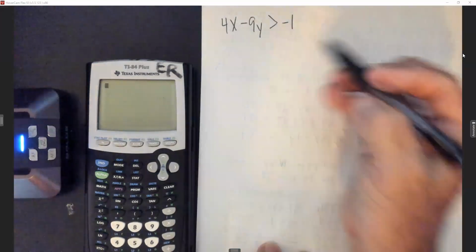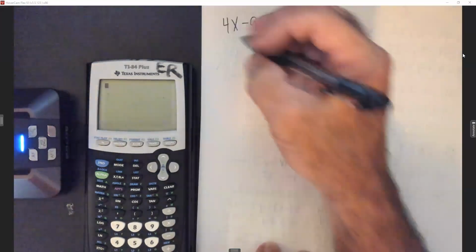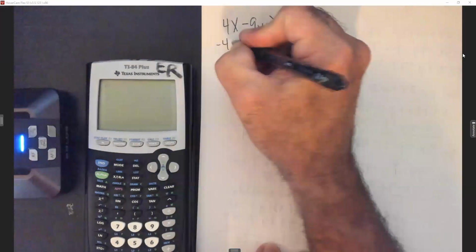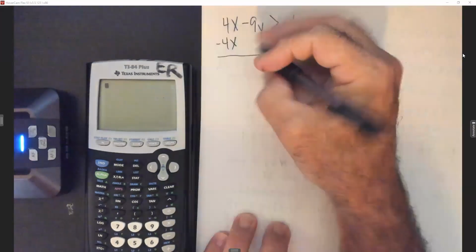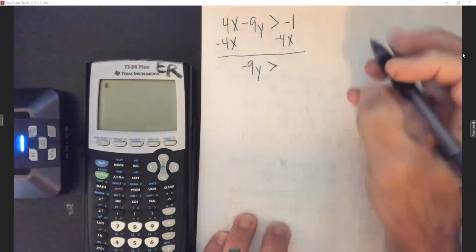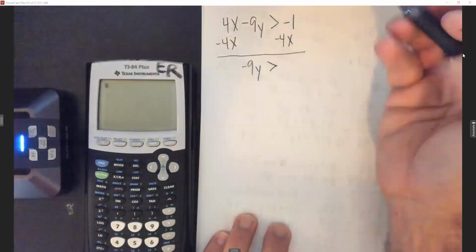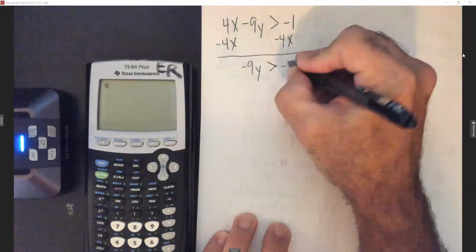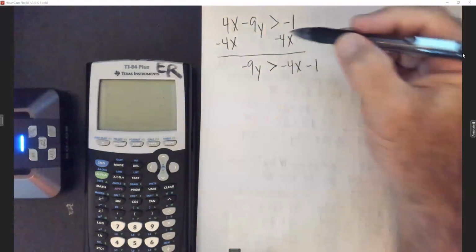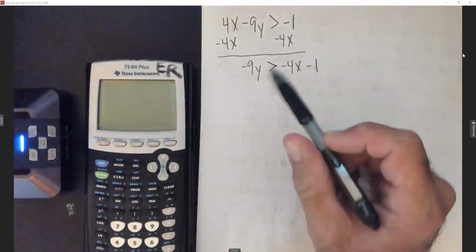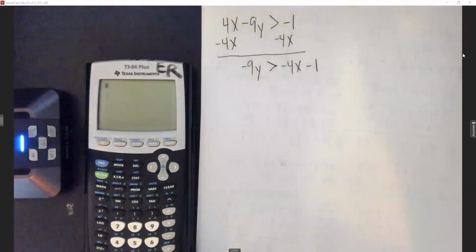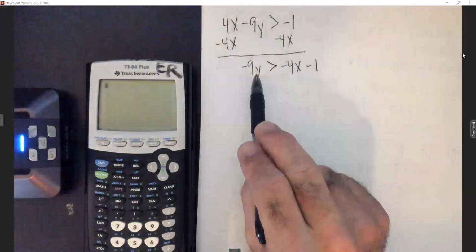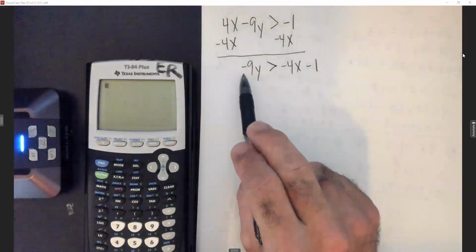So if we're going to solve this, we need to move the x's over here. So I'm going to subtract 4x from both sides so that -9y is greater than -4x minus 1. They're not like terms, so we can't add them. So I'm just doing y = mx + b type stuff, okay? Now, I need to make that a 1y instead of a -9y.